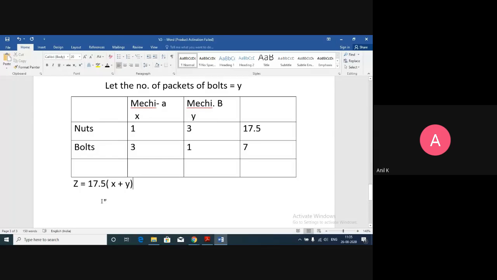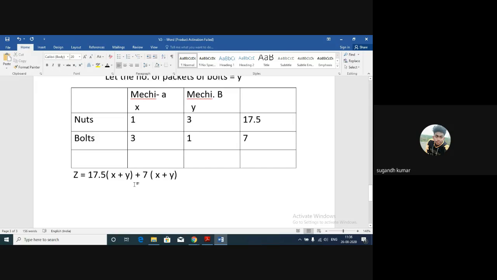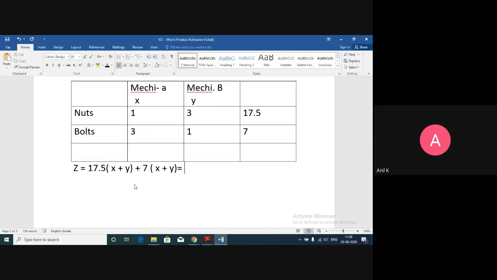Let's say this is the profit on nuts. On machine A, I am making X packets. On machine B, I am making Y packets. So each packet of nuts is 17.5, so 17.5 into X plus Y. Then it will give me plus 7 into X plus Y. This is the total profit which I can make on nuts.